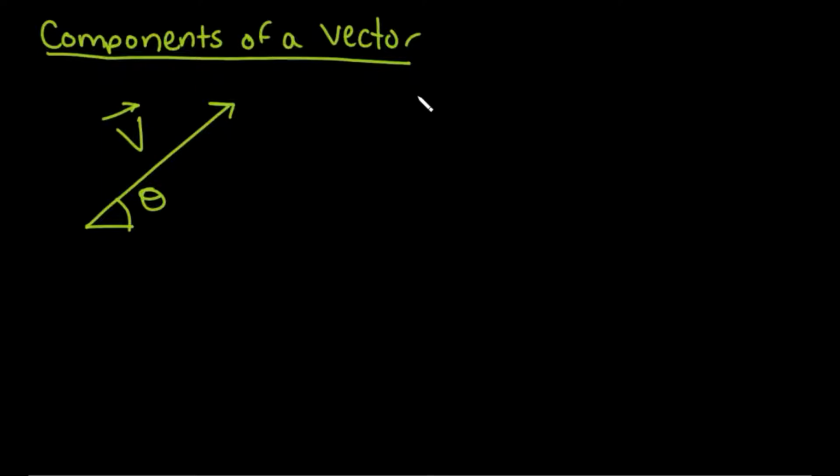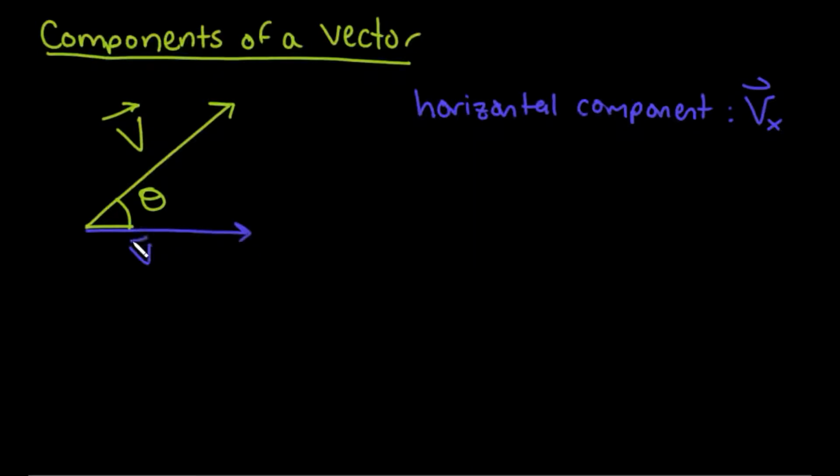We like to break them up into the horizontal component, which we will call Vx with the arrow, which would be this component right here. And we also like to have a vertical component, which we call Vy, and that would be this component right here.